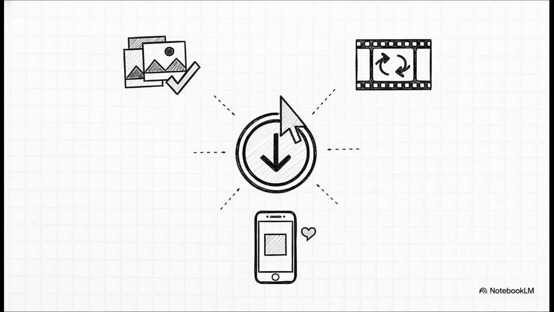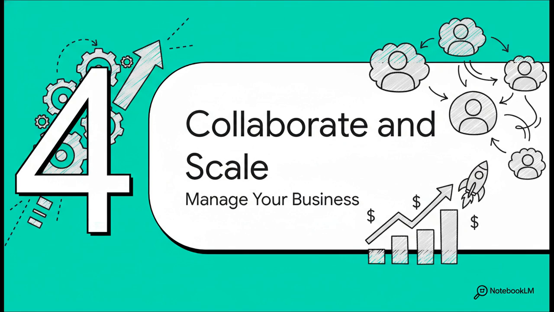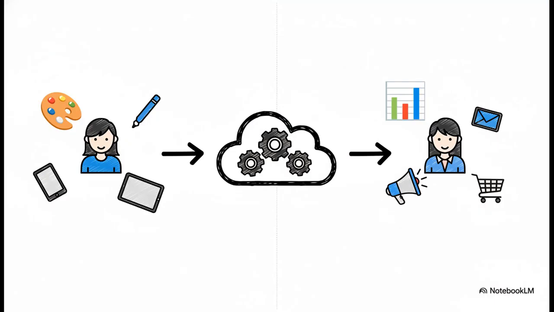It's the whole package. Now this all sounds great if you're a solo creator, but what happens when your team starts to grow? Let's take a look at how AOS Studio helps you collaborate and actually scale your business. Well, the platform has these built-in roles, which is super smart. So your designer can have a creator role focused just on the artwork tools, while your marketing person can have access to manage the product listings and social media.